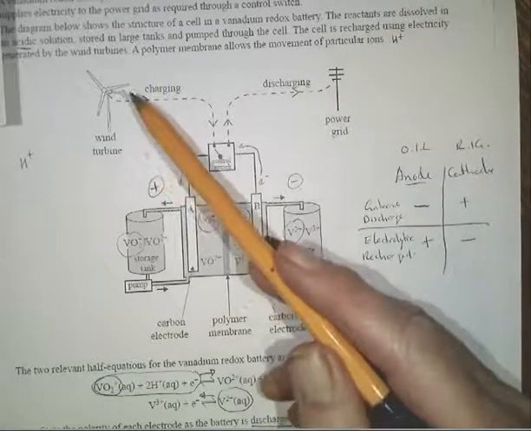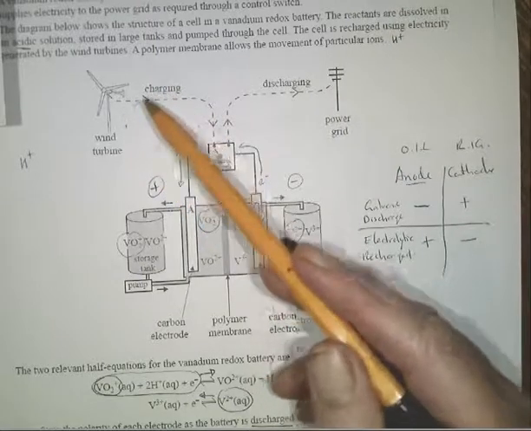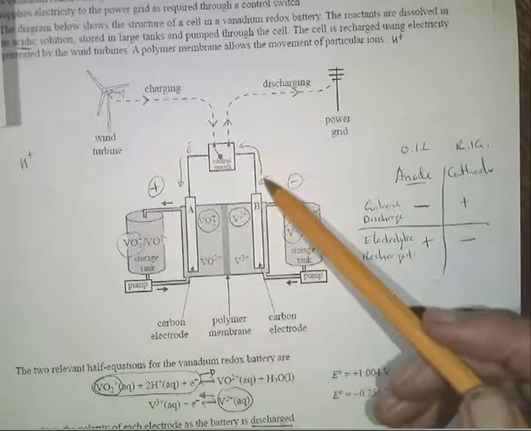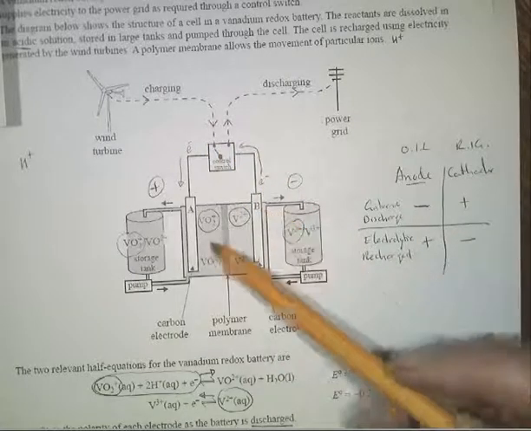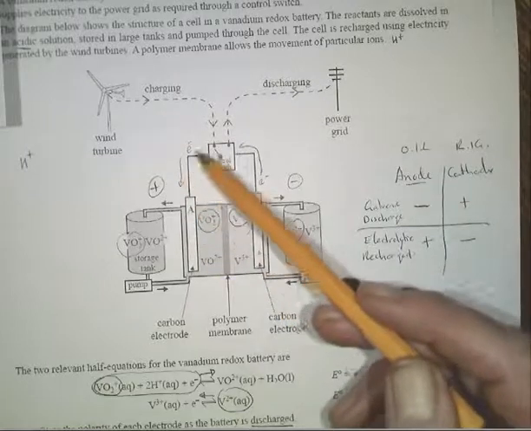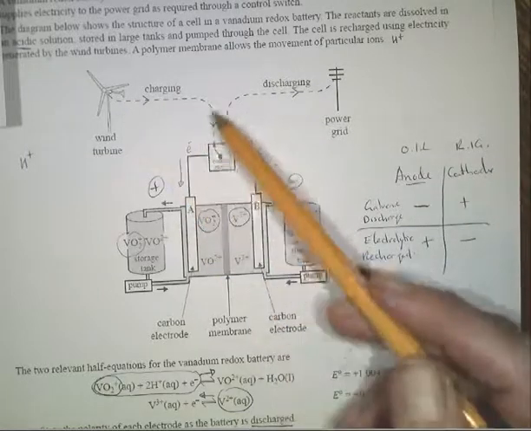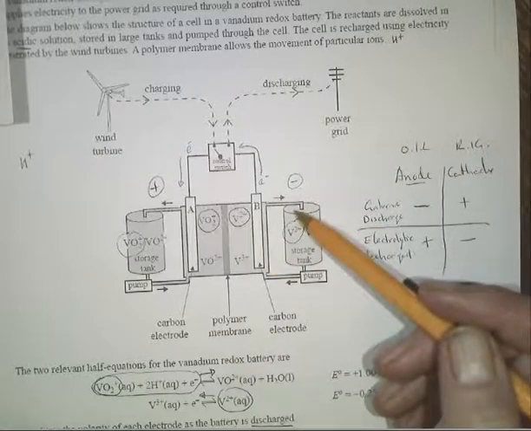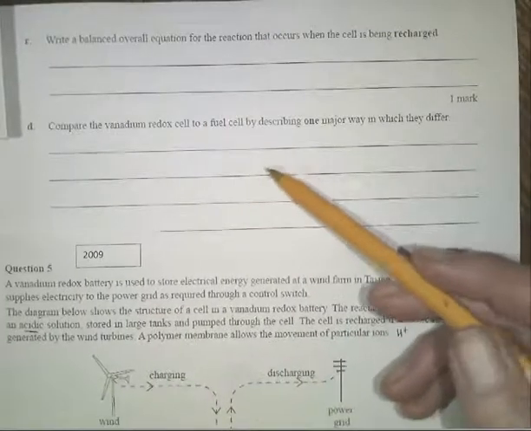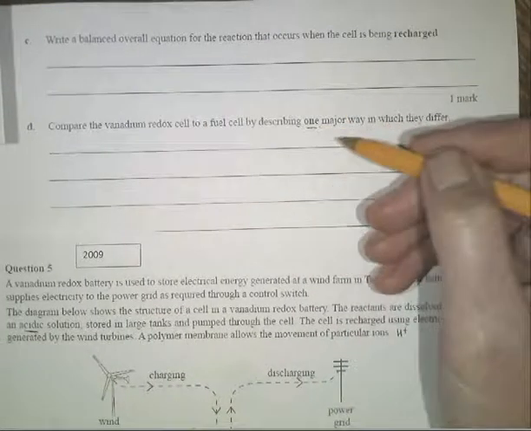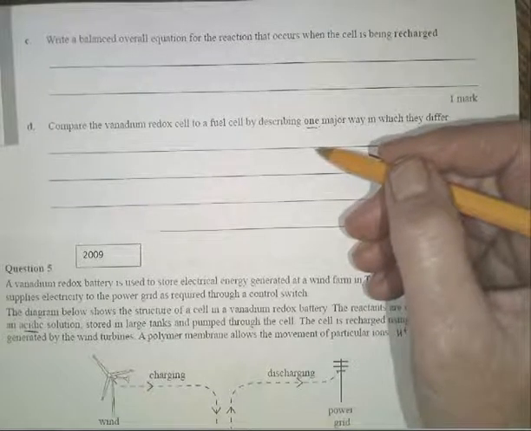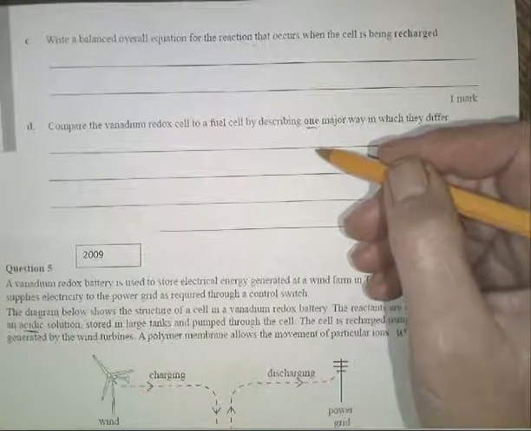Or the windmill can force the electrons to come back this way, dragging them from here, up, around, and over and down. So that's the classic answer to this question. One major way is that fuel cells have continuous reactants, but you don't recharge them, whereas this one you can.